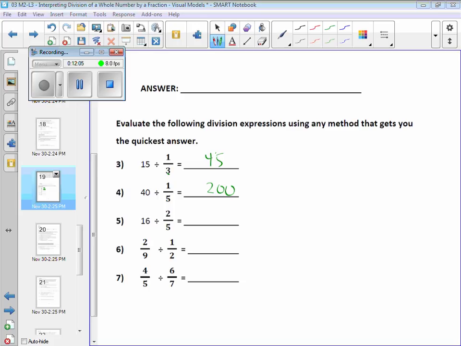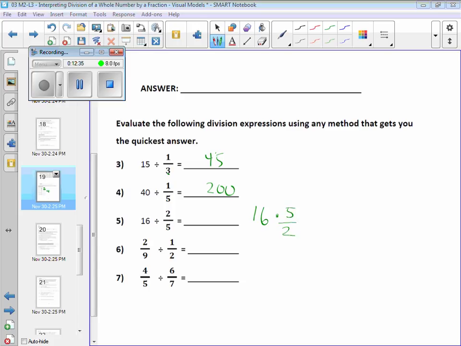And that shortcut will work if the numerator's 1. But what I really want you guys to get into the habit of doing, and you have to show it this way, is show me that you know that multiplying or dividing by the fraction is the same as multiplying by its reciprocal. When you invert this upside down, you now get 5 over 2. Agree? Yes.